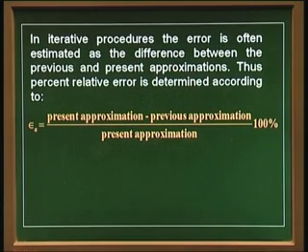For example, in iterative procedures, this is very meaningful. Let's say you want to compute e to the power of minus 0.2, and you say I would represent this as a series, and then I chop off the series somewhere. The question is how many terms in the series should I keep?